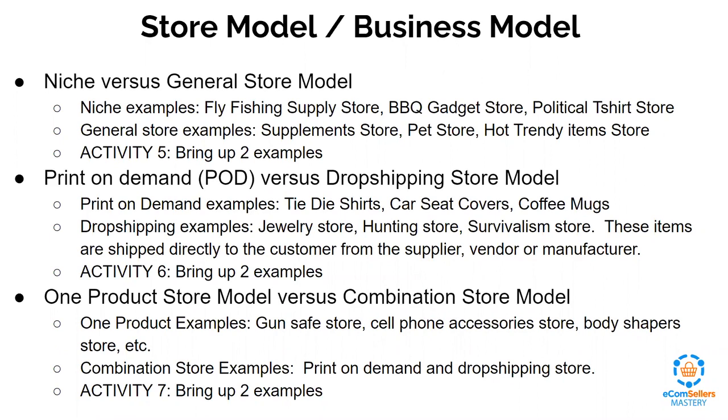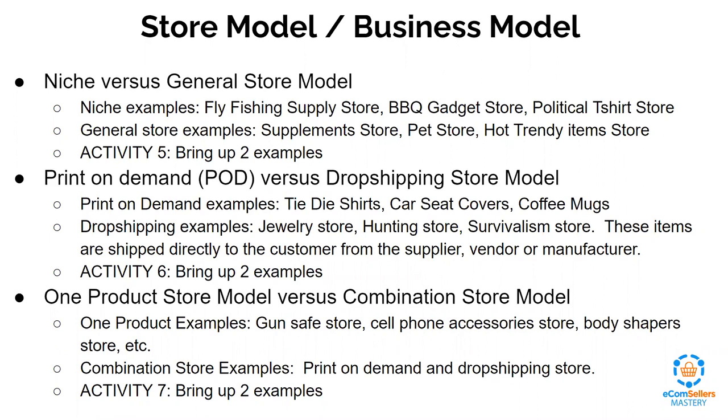So now it's a general store because you're kind of selling a little bit of everything. And even with that supplement store, what if you threw in some type of oils or other things that kind of center around that being a supplement store? So maybe you sell the cases that people would put their supplements in that have the days of the week or the times of the day so they know to take it.